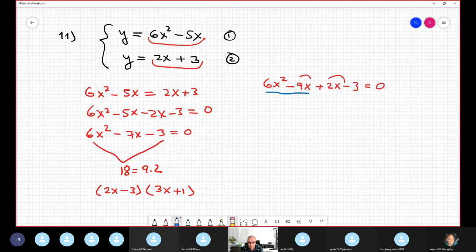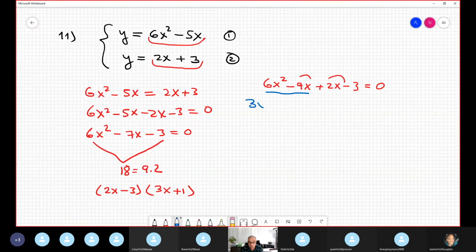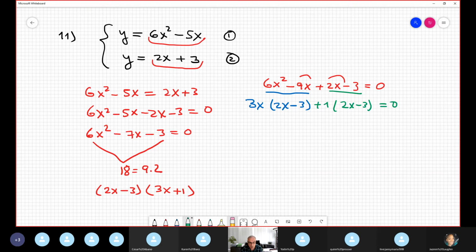The GCF in the first couple is obvious, 3x, and we have 2x minus 3. The GCF in the second couple is 1, so 2x minus 3. And 2x minus 3 is a common factor, clear like water. And we have another factor, 3x plus 1 equal to 0. And we get exactly the same answer.